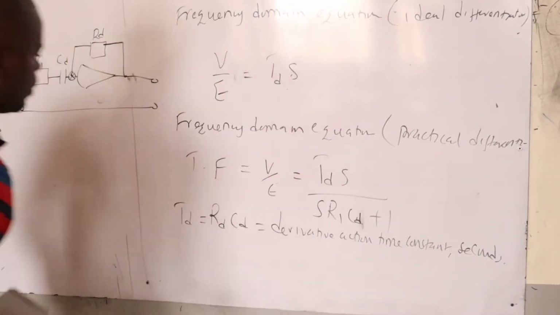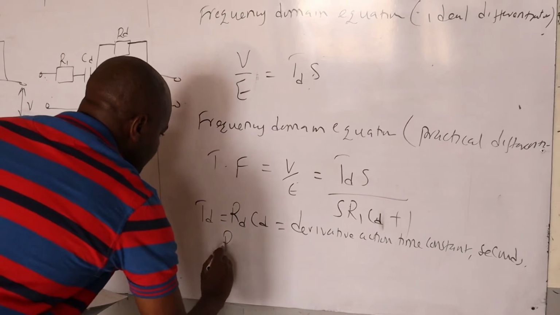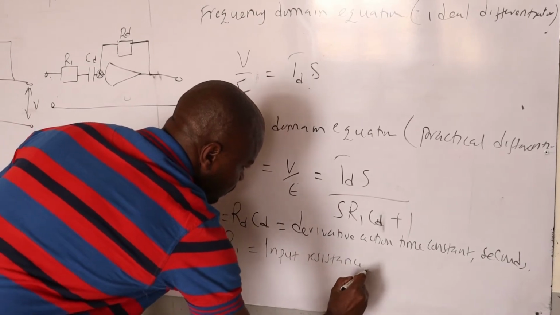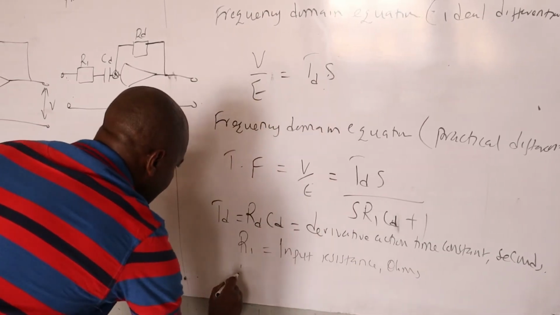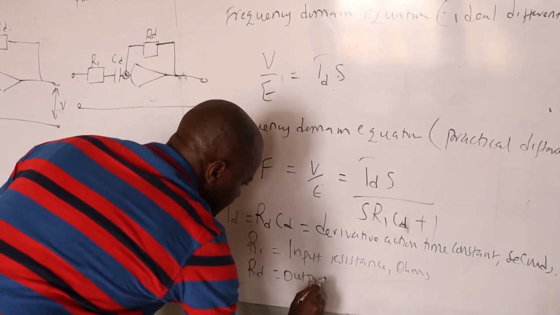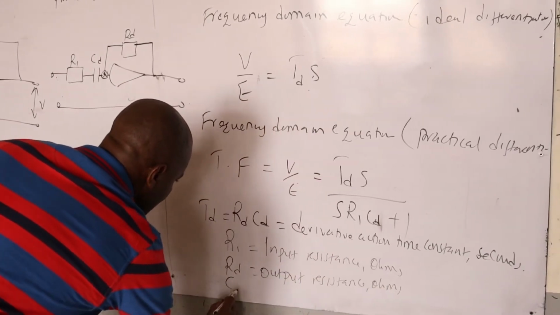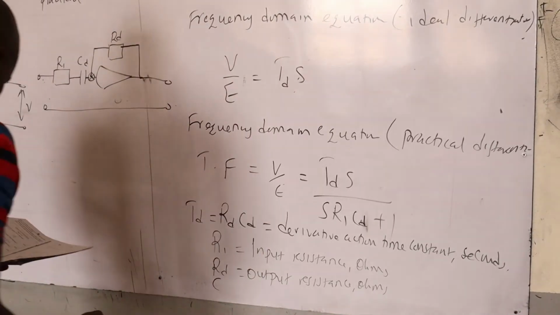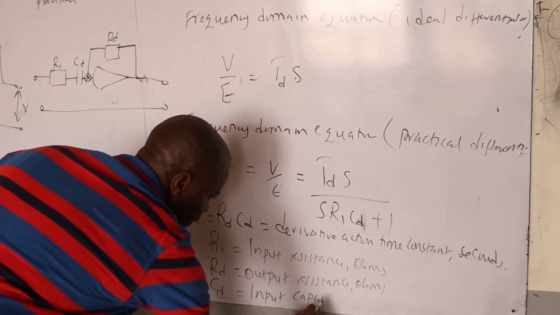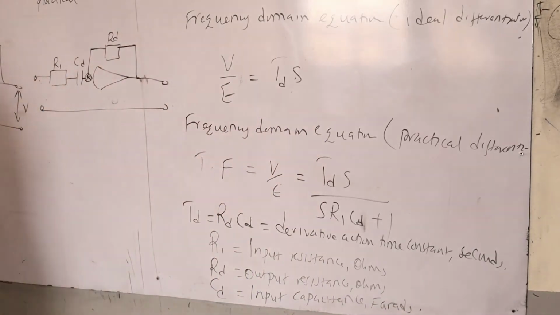And then when you talk of the various resistances, R1 is the input resistance in ohms. RD is the output resistance in ohms. Then CD is the input capacitance in farads.